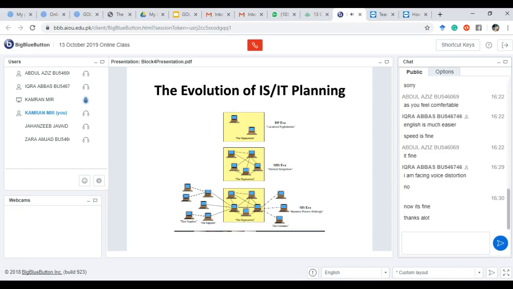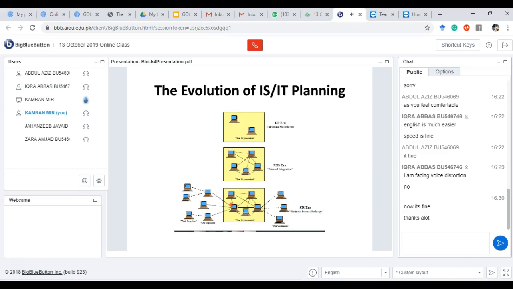Now we are coming to the point where it says SIS, Strategic Information System. It is focused on areas around you as well. You can see this picture in the middle, which is our organization. The systems in place represent the DP, but because they're talking to each other, we can say there is an MIS era involved in this as well.